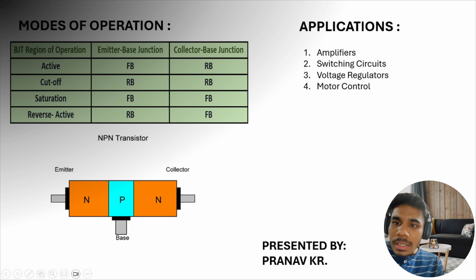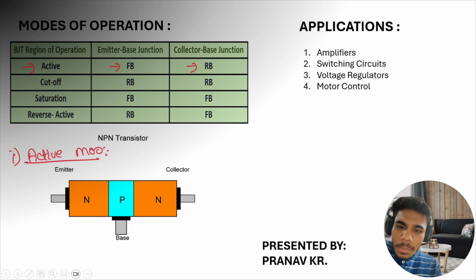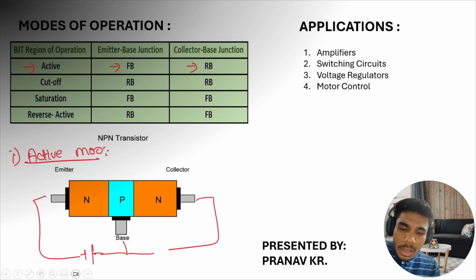As we can see, in active mode of operation, the emitter-base junction is connected in forward biasing and the collector-base junction is connected in reverse biasing.